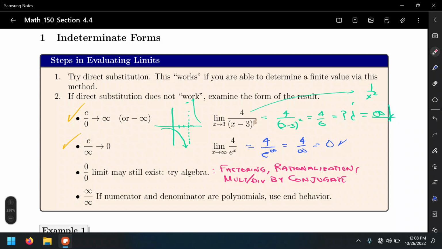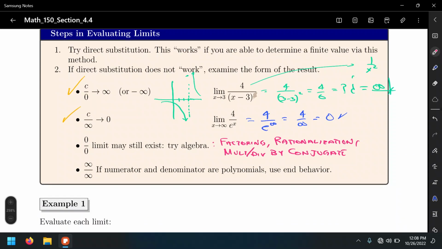In the case in which we have infinity over infinity, some of these techniques could work, but most of the time we can use end behavior. Let me give you an example. The example is below actually. We can either use end behavior and recall those shortcut rules to determine horizontal asymptotes from pre-calculus.